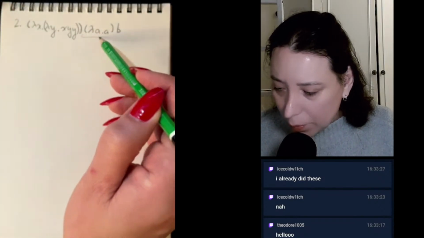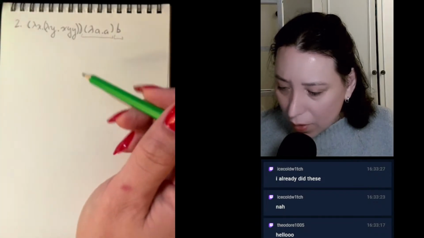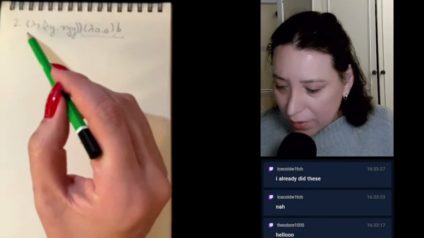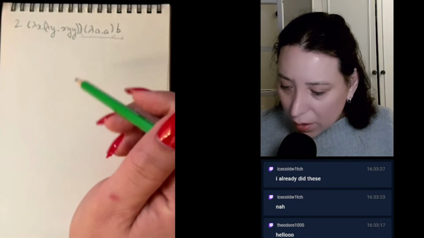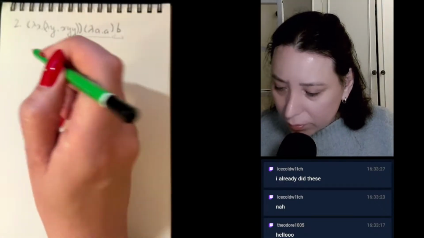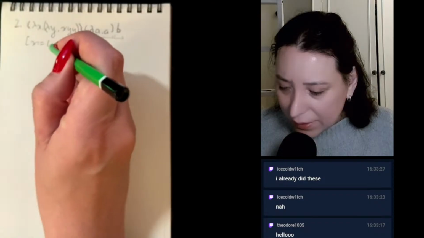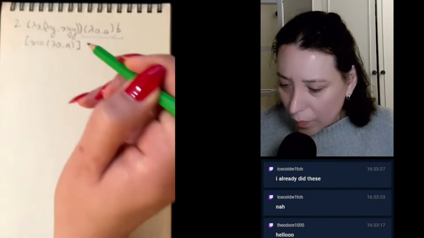And this would be the first argument, and here would be the second argument. So we're going to apply this function, the x function, to this argument, which is the identity function. So we basically say x is equal to this identity function here.